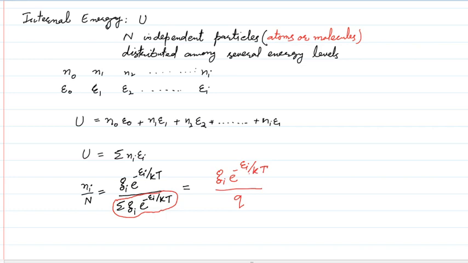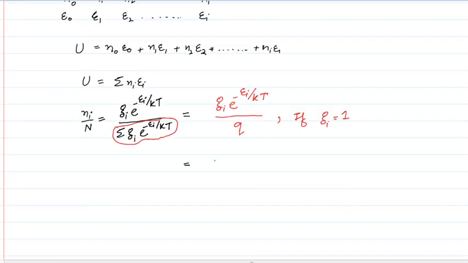If we consider a case where this degeneracy is equal to 1, or you can say non-degenerate, then this relation can also be written as Ni equals N, the total number of particles, into e raised power minus Ei upon kT, whole divided by the partition function.